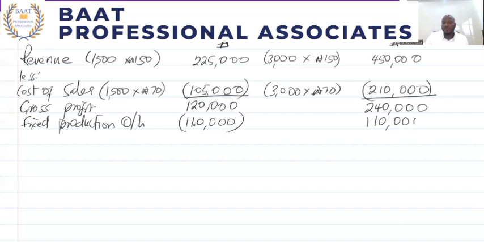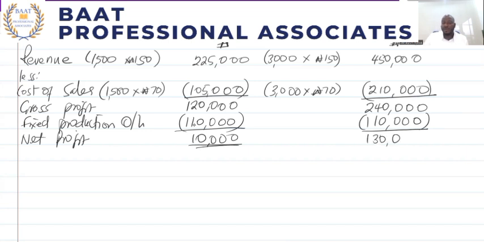So our net profit will be equal to 10,000 in July and 130,000 in August. So these are profit statements using marginal costing.